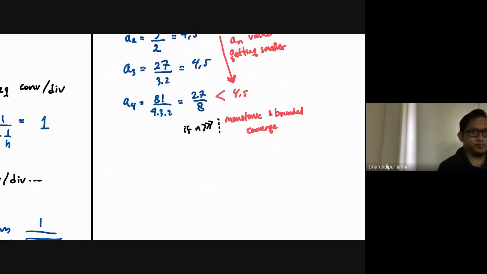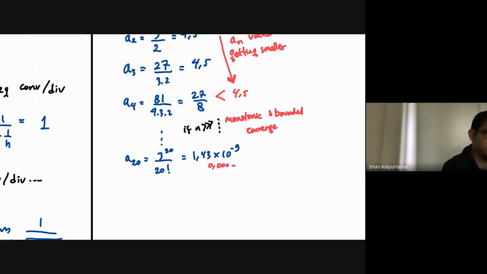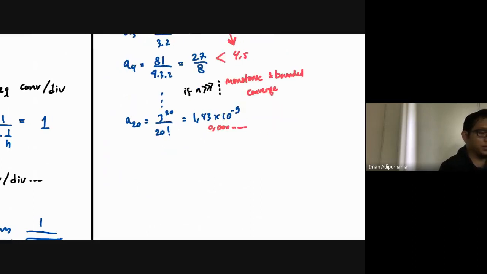Let me write here. For example, if you try a_20, you don't need to count. I already counted this. 1.43 times 10 to the negative something, so it will be 0.0000 something. Okay. So it's actually approaching 0.